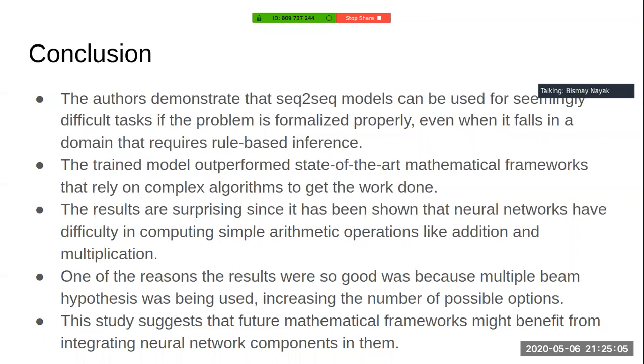The results are kind of surprising because, as I said at the start, neural networks have had difficulty computing simple arithmetic operations like addition and multiplication, but they had no problem solving complex tasks like integration and differentiation. One of the reasons the results were good is that we used multiple beam hypotheses.